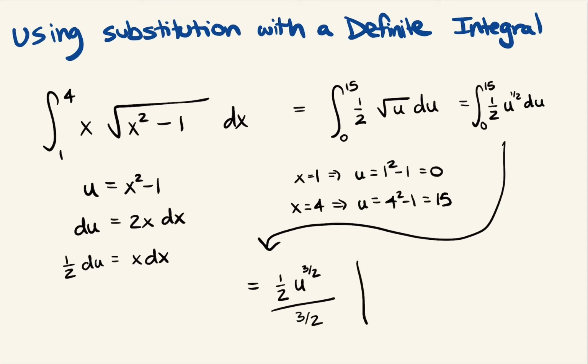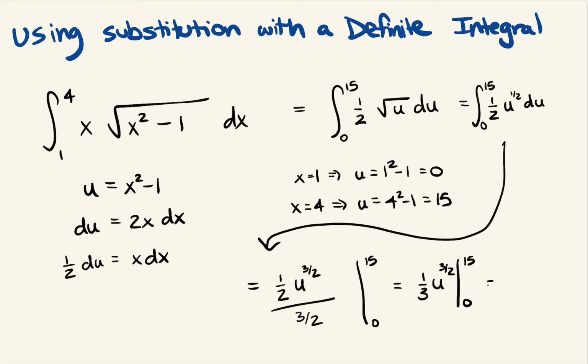And now I'm evaluating this at u equals 0 to u equals 15. So before I evaluate that, in this case, I think it's worth simplifying a little bit. So if I think about pulling this up here, it becomes 2/3. So this will end up looking like 1/3 u to the 3/2 from 0 to 15.